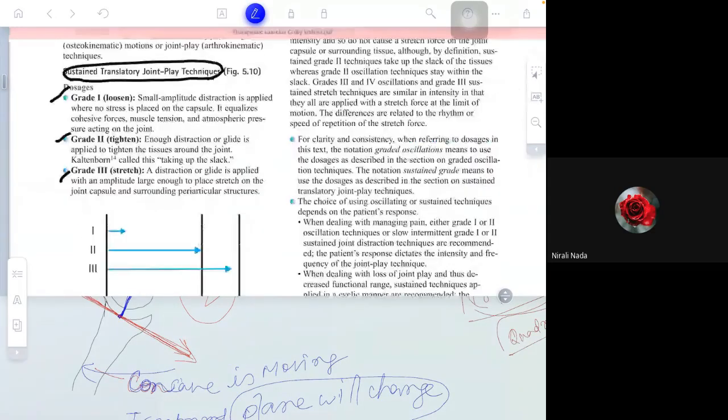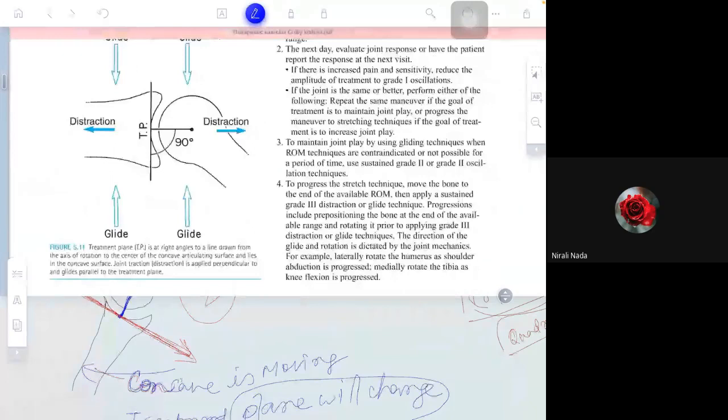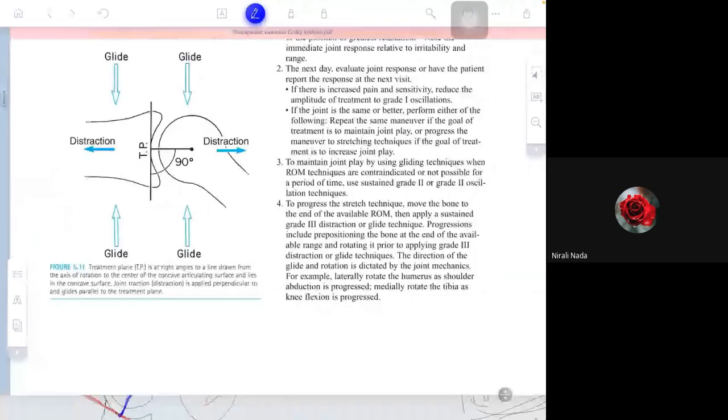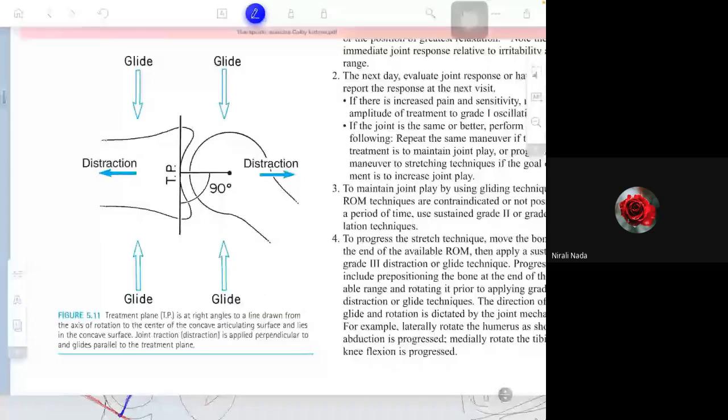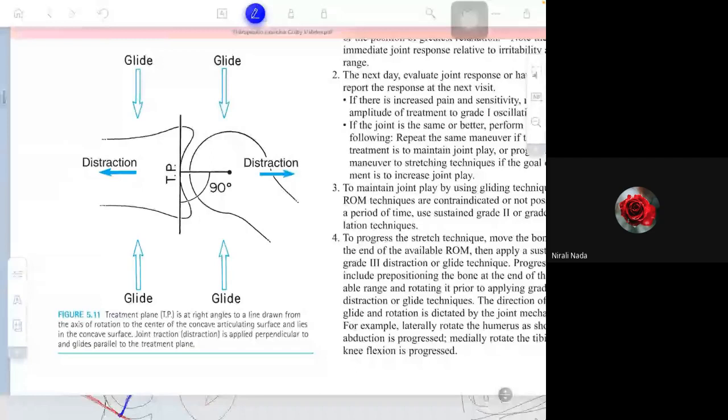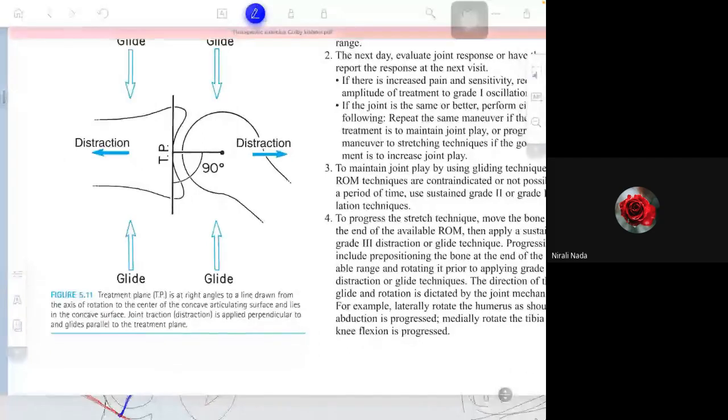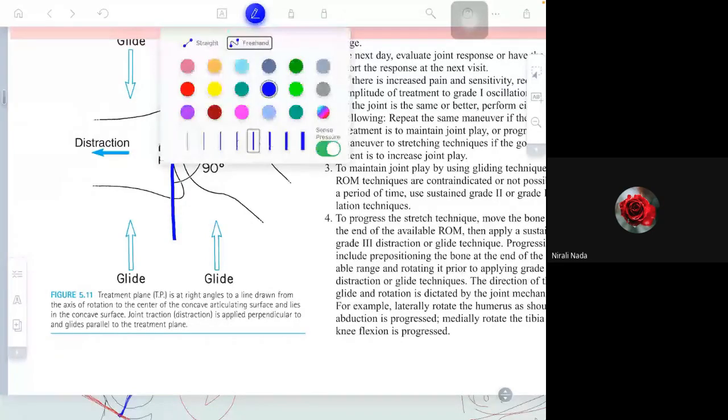Look at this. You have not seen this page? See, the treatment plane, you read this. The treatment plane is at right angle. This is the treatment plane. It is at a right angle to the line. Which line? This line.